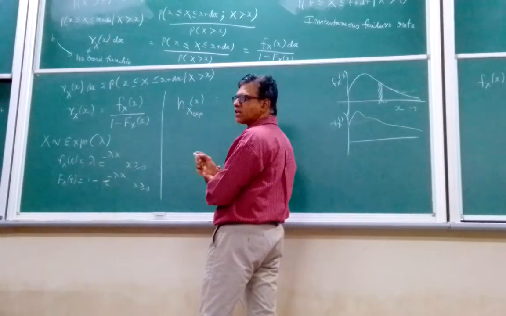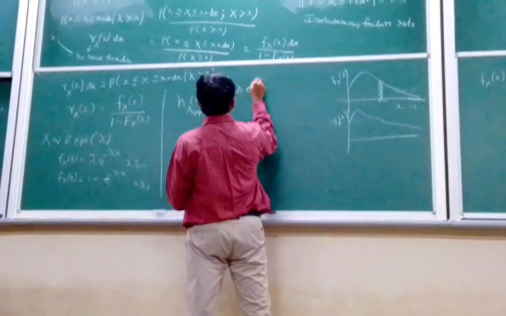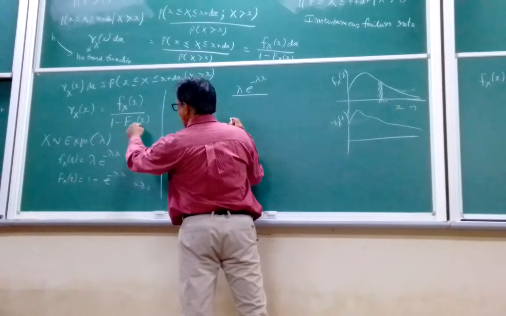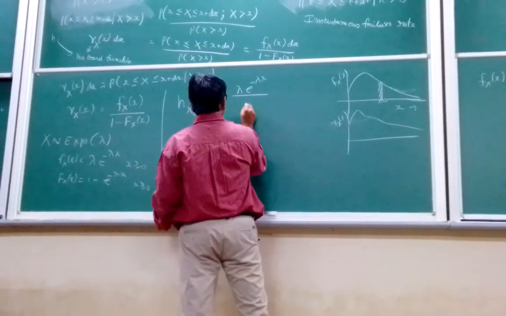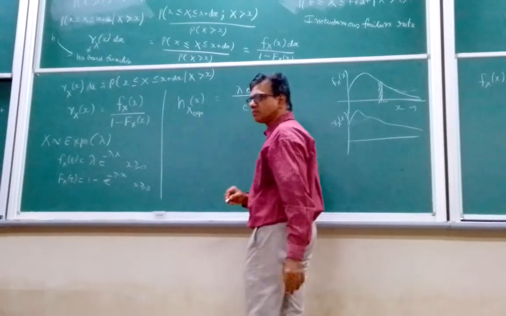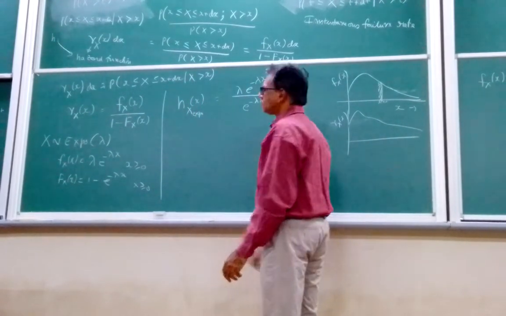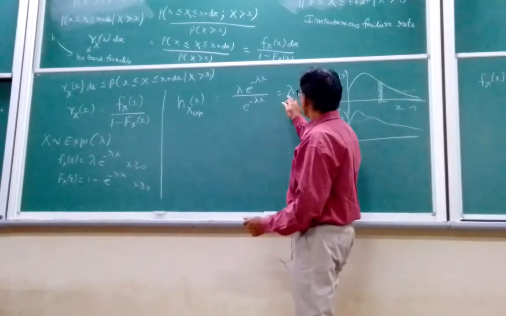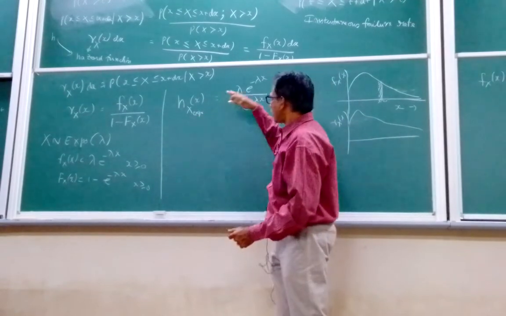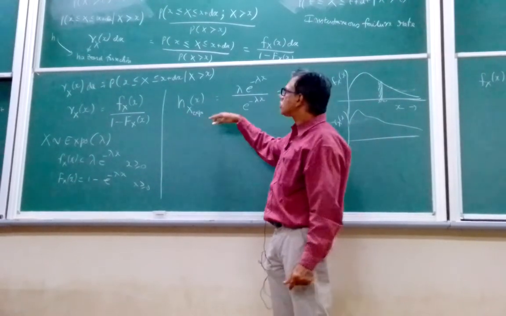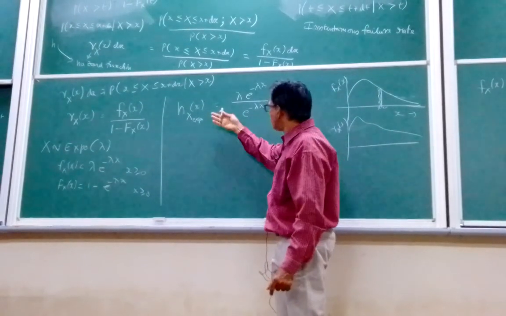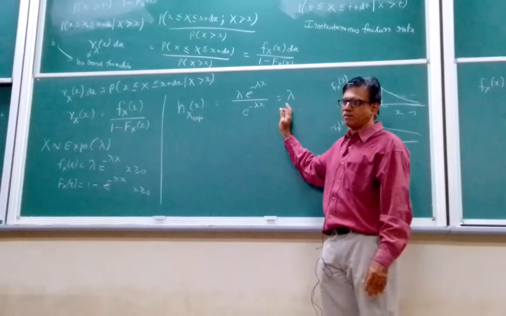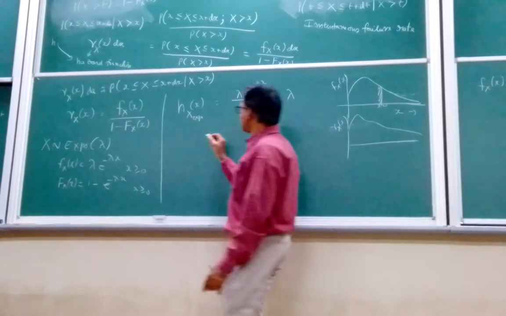What will be the hazard function of this one? Lambda e power minus lambda x, that is fX(x), divided by the CCDF of this, which is e power minus lambda x. That would give you lambda. So the exponential distribution is one whose hazard function takes this form, lambda, which is independent of x. We will call this the hazard rate.